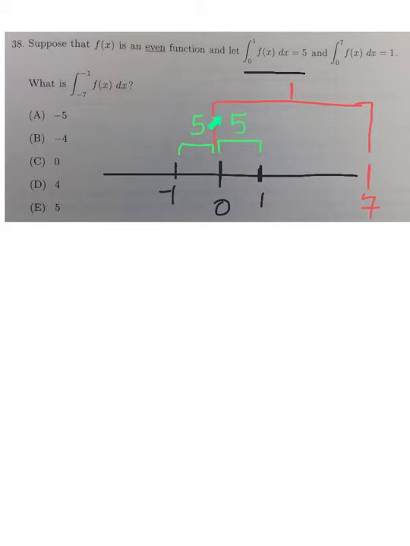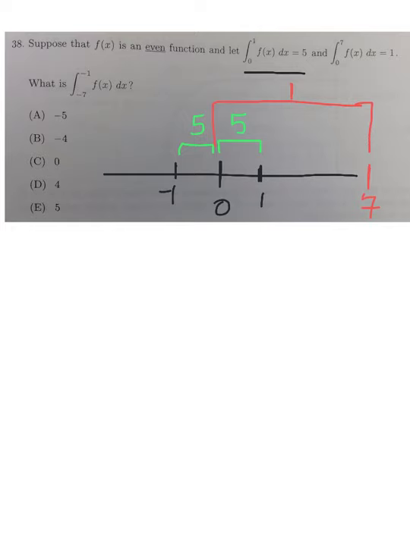But think about this. The area from 0 to 1 is 5, so maybe the picture goes like this, and then if the area from 0 to 7 is 1, the curve would swoop down here and you'd have some negative area. You'd have a negative area of 4, wouldn't you? Because 5 plus -4 would give me that 1.